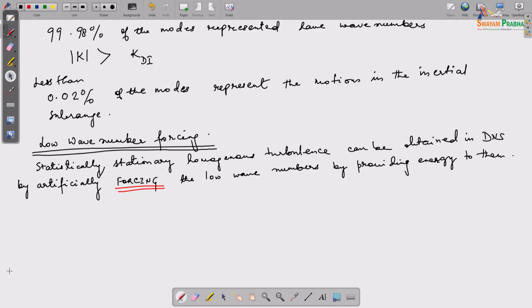So these energy containing motions are therefore unnatural and do not follow the Navier-Stokes equations. This is artificially forcing.